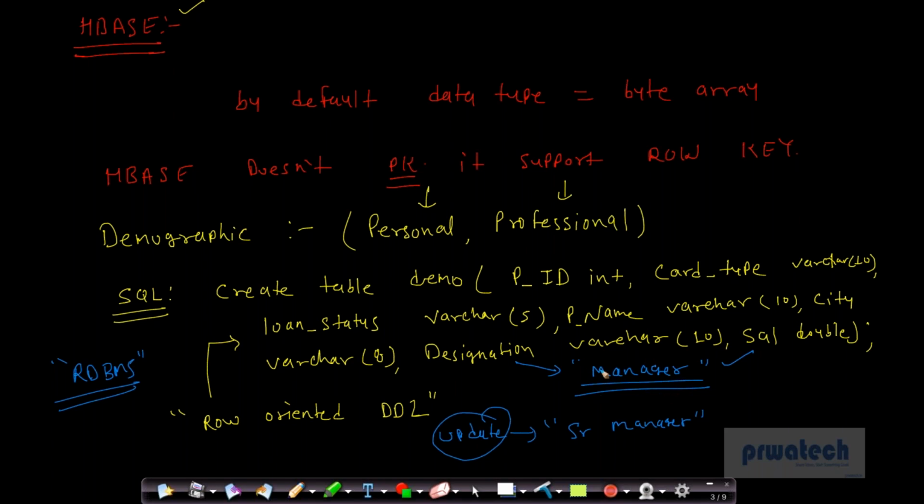This is updated now. There is no more version available. This is the latest version of your entry for row number, let's say, 5. If a person is promoted to senior manager, I cannot see his previous designation because this has been updated.